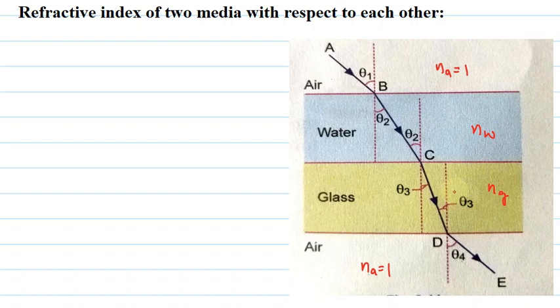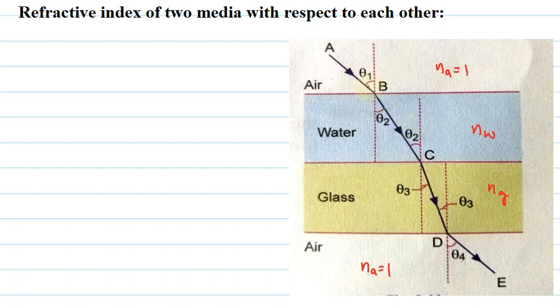The amount of refraction the ray of light would suffer depends upon the refractive indices of water and glass. The direction of emergent ray and incident ray are parallel to each other. AB is incident ray, DE is emergent ray. So the direction of these two light rays are parallel to each other.